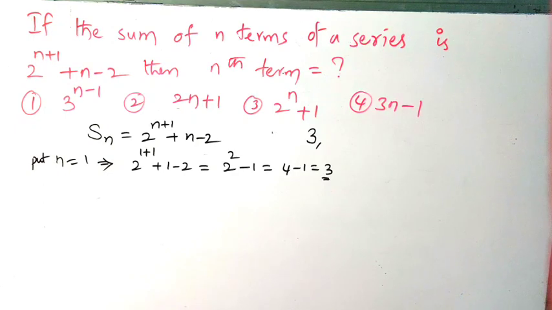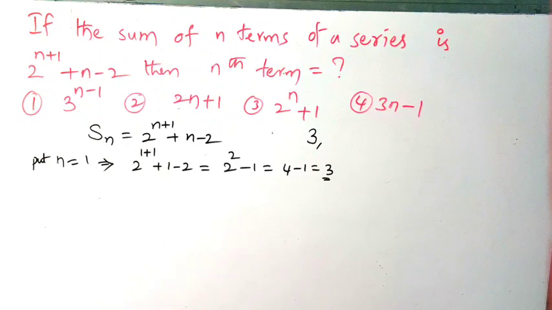If we put n equals to 2 in this, we don't get the second term. Why? Because this is the sum of the total series. But we got the first term because substituting 1 gives the first term of that series. Now, how to find the second term?